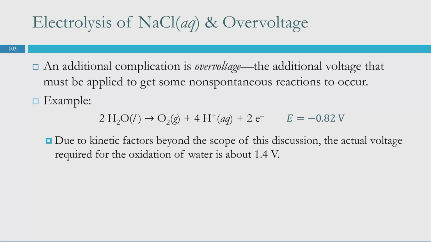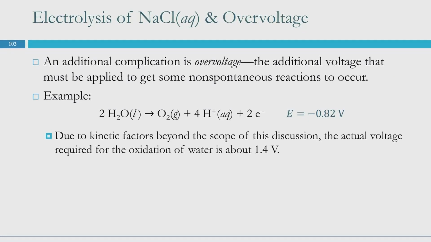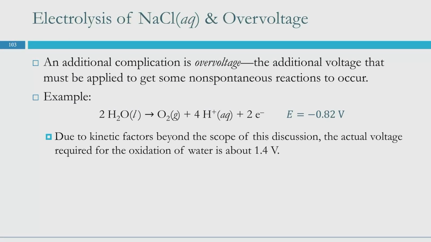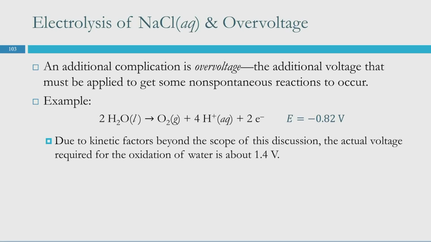Another complication that you can run into if you're trying to do electrolysis is overvoltage. So for reasons beyond the scope of the class, some non-spontaneous reactions need extra voltage to occur.